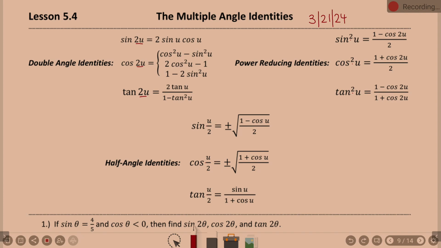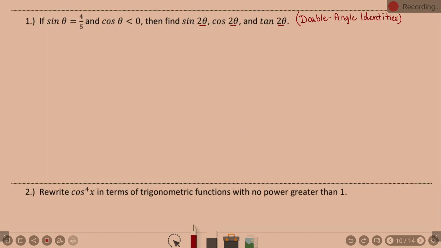So we're going to have to know sine, cosine, and tangent. Now, what did they give me? Sine is 4/5. And cosine is less than 0. How can this help us? Before I even get started, I need to know sine, cosine, and tangent.